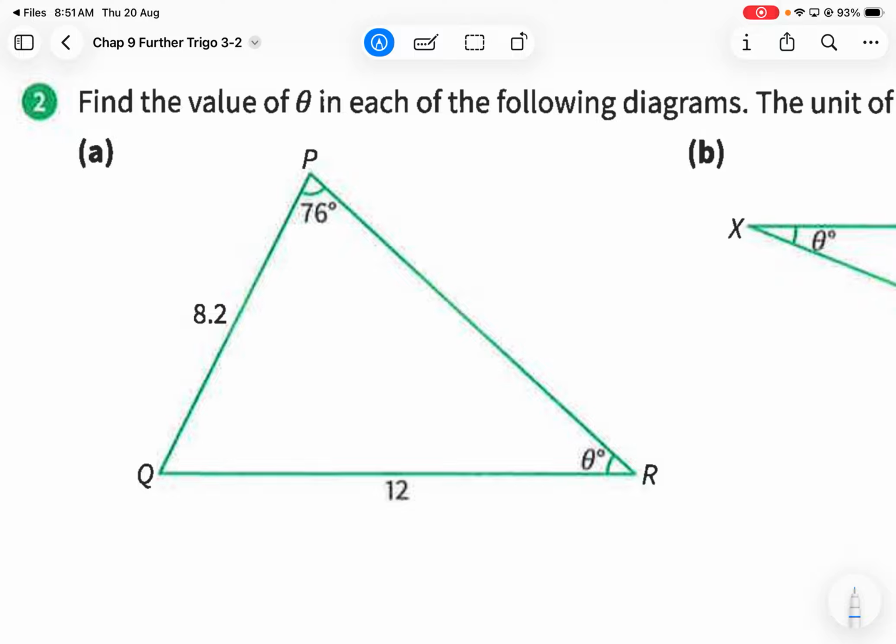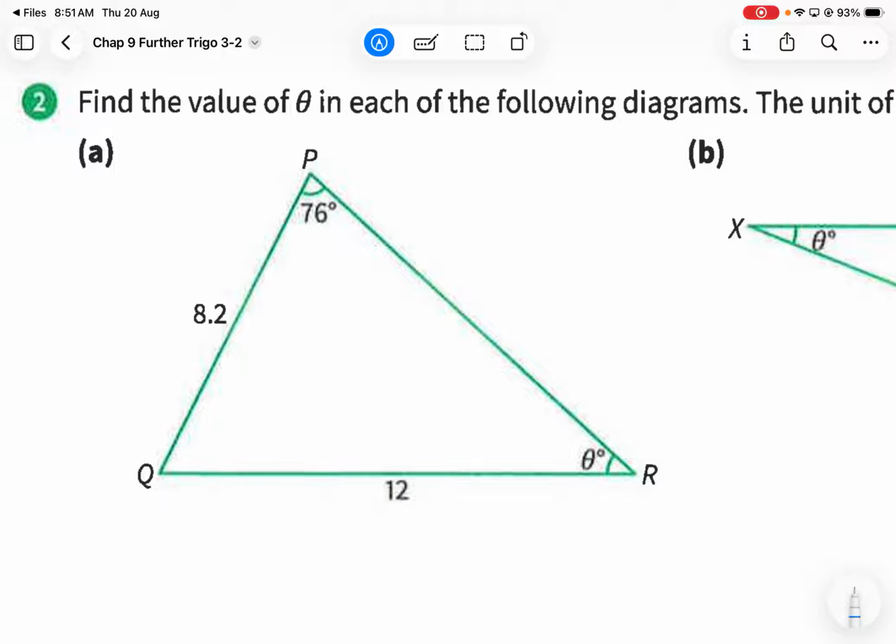What is the known pair that you have? What angle and what side give you the known pair? 12 and 8.2 is wrong.